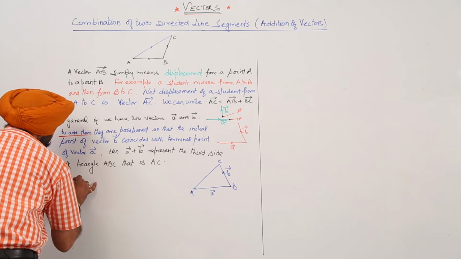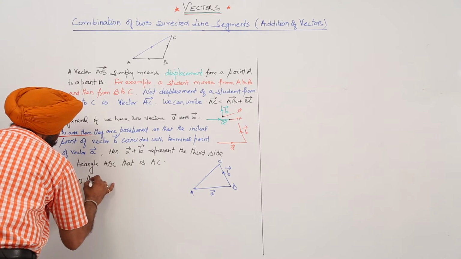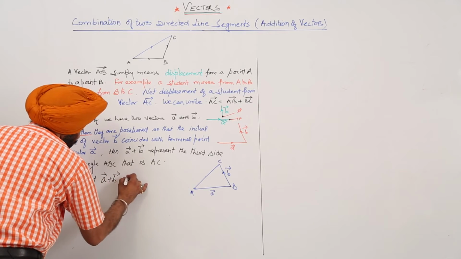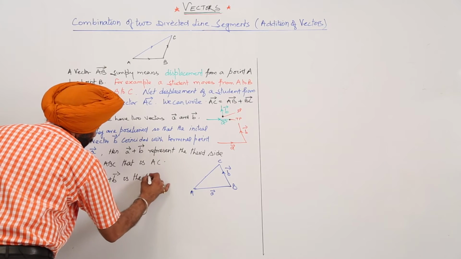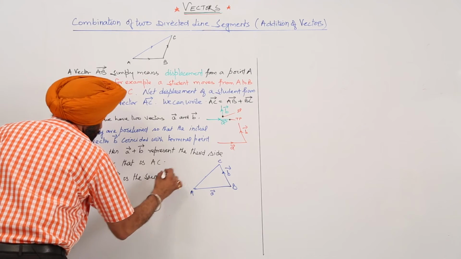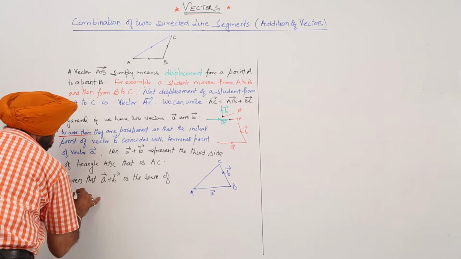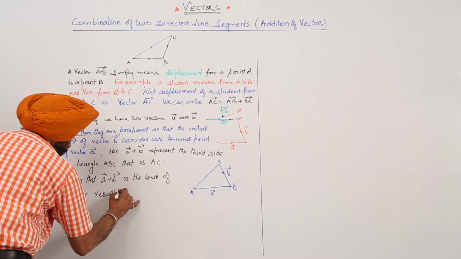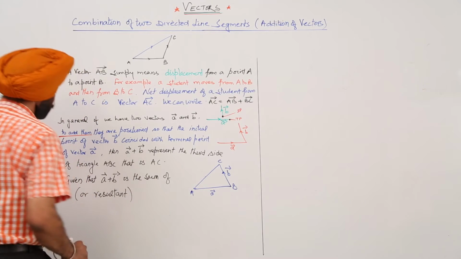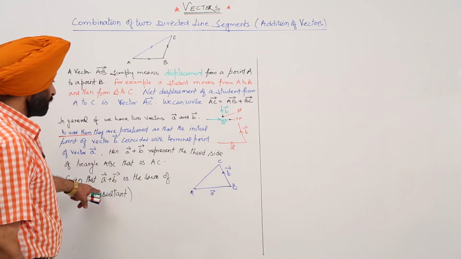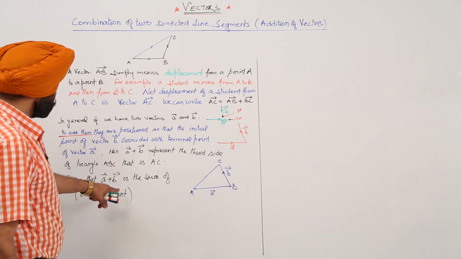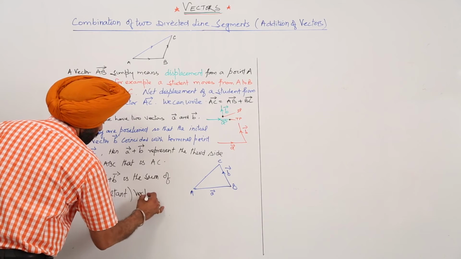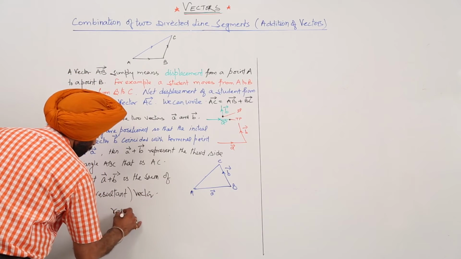Given that vector A plus vector B is the sum or resultant vector, and the resultant vector is what?